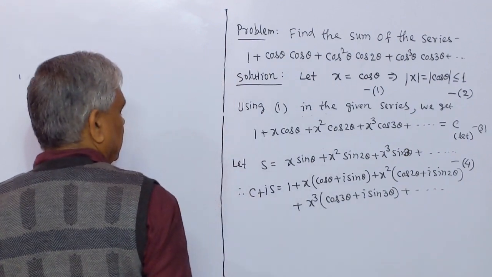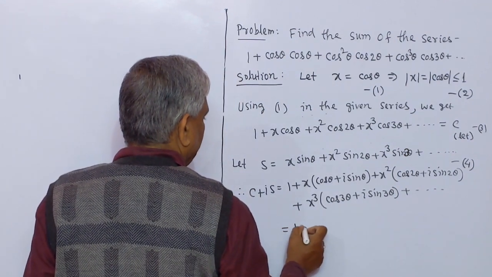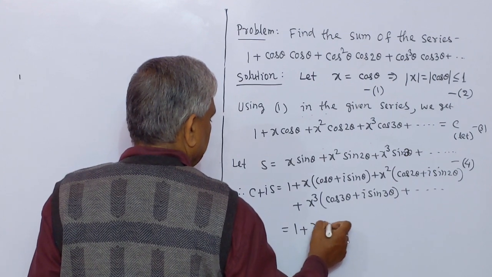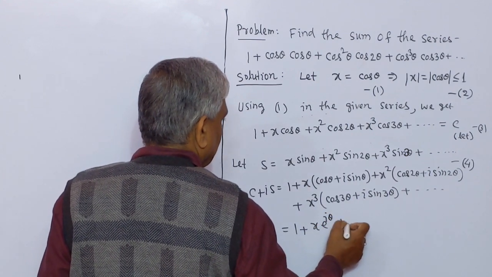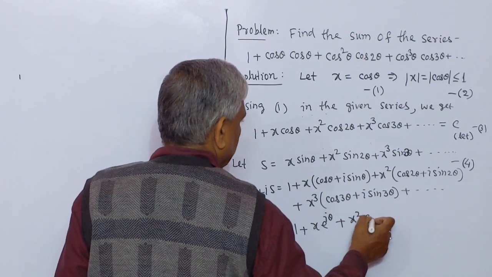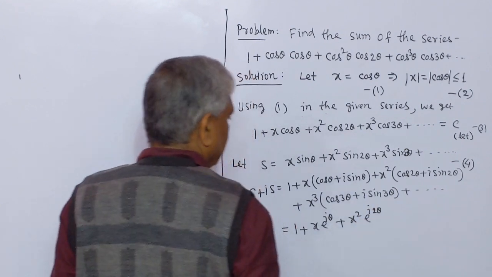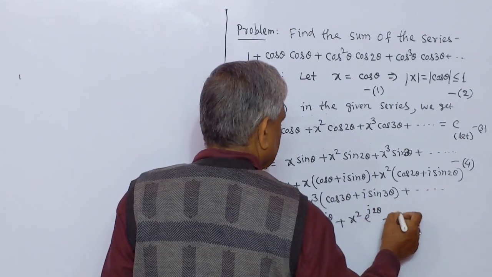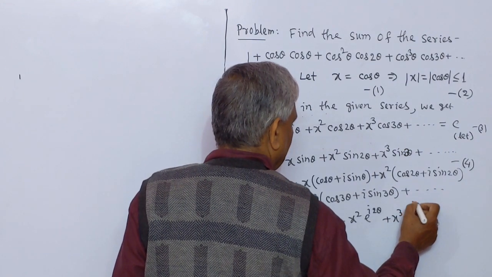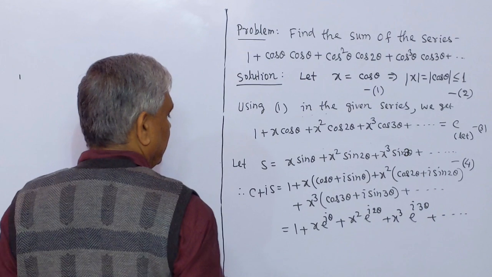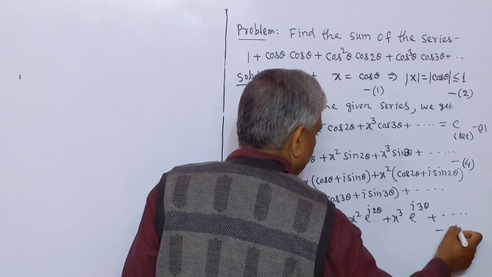This is equal to 1 plus x e to the power i theta, since cos theta plus i sin theta is e to the power i theta, plus x square e to the power i multiply 2 theta, plus x cube e to the power i 3 theta, plus dot dot dot. This is number 5.